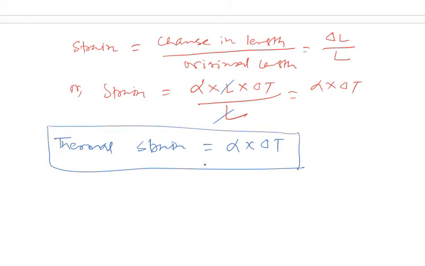Correct? Now we know from the definition or Hooke's law that E, Young's modulus, is equal to stress by strain.